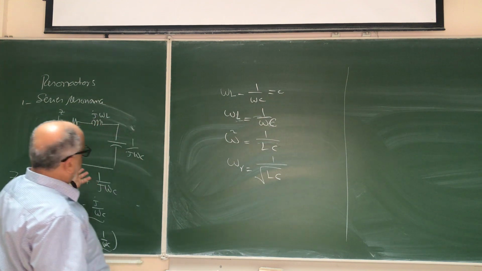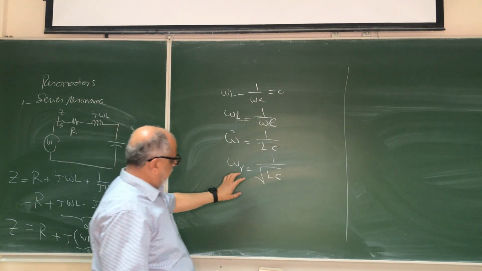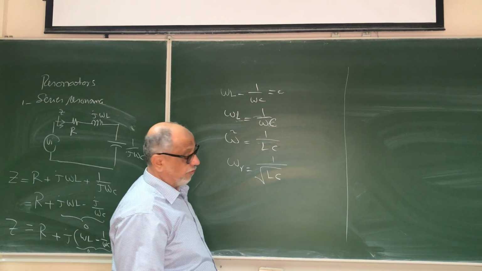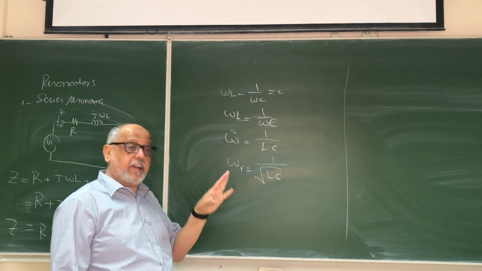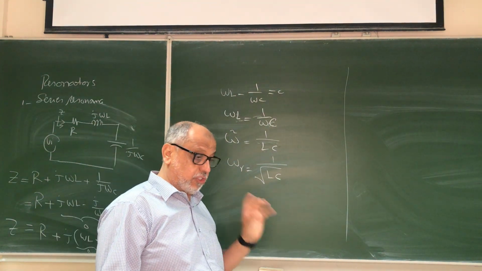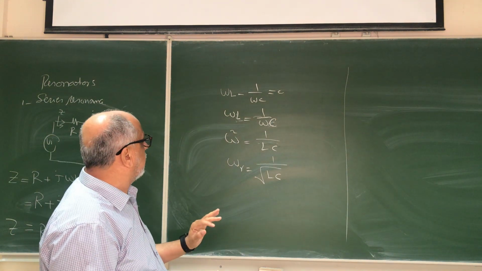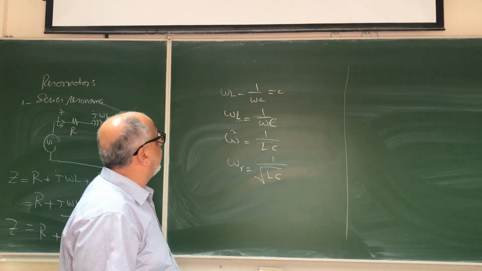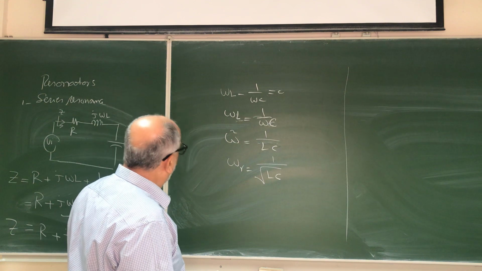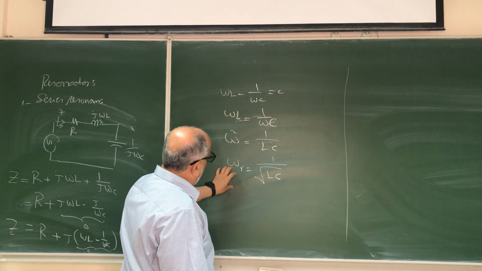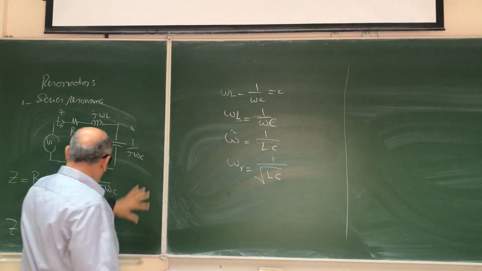Whether it is series resonance or parallel resonance, this would be the resonance frequency, because we said you should have at least one capacitor and one inductor in a circuit to have a resonance. Otherwise, it will not resonate. So that's the first step: we have to know the resonance frequency, and this is the way to write it.